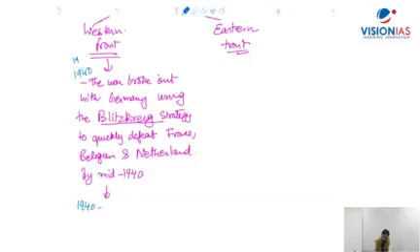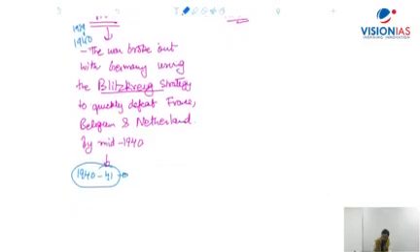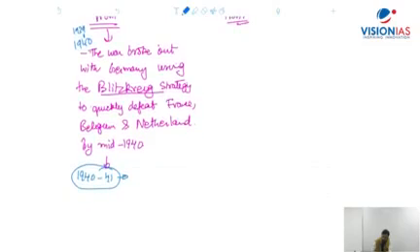So this is 1939 to 1940. This is 1940 to 1941, almost for 12 months.